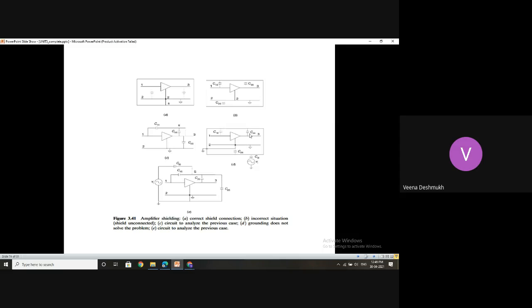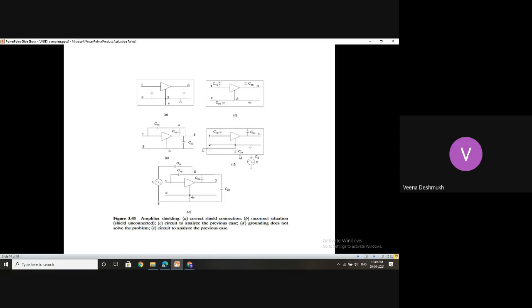So the output terminal here and the shield, there is this capacitance coming, and this is what is shown here, C3. Now the second capacitance, C2S, is coming between the shield and the ground. The shield and the ground here, this capacitance between shield and ground.